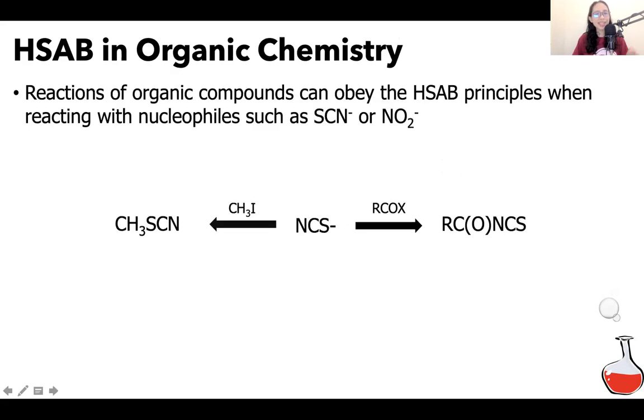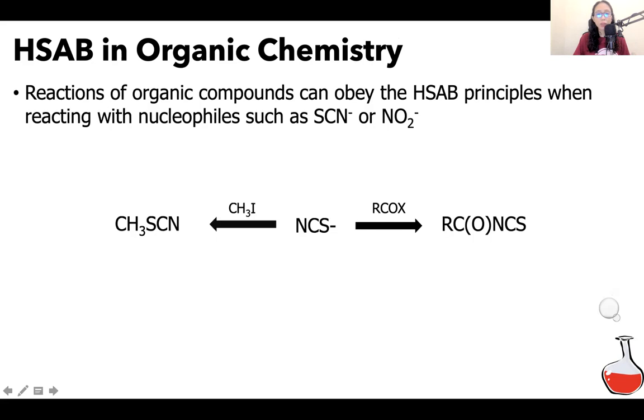Next, HSAB can also be used to explain organic reactions. For example, you have a nucleophile such as thiocyanate reacting with methyl iodide or an acyl halide. An acyl halide is considered a hard acid, while the methyl in the methyl iodide molecule is considered a soft acid.